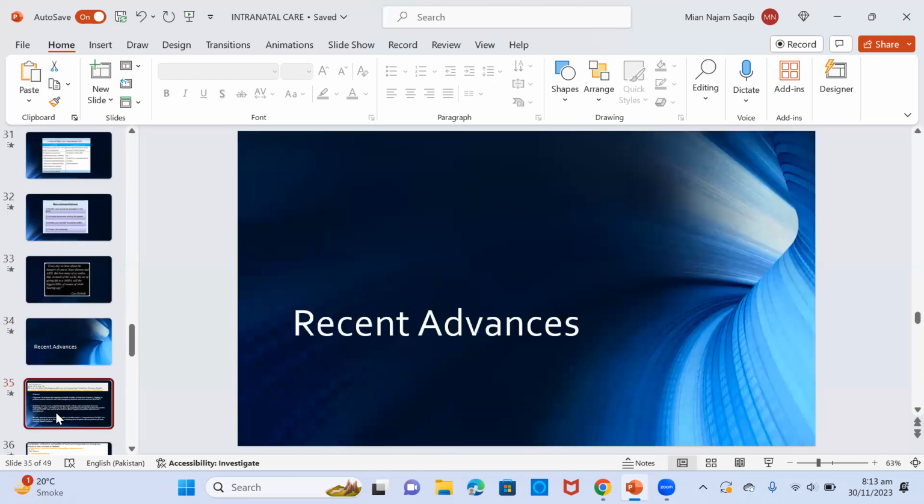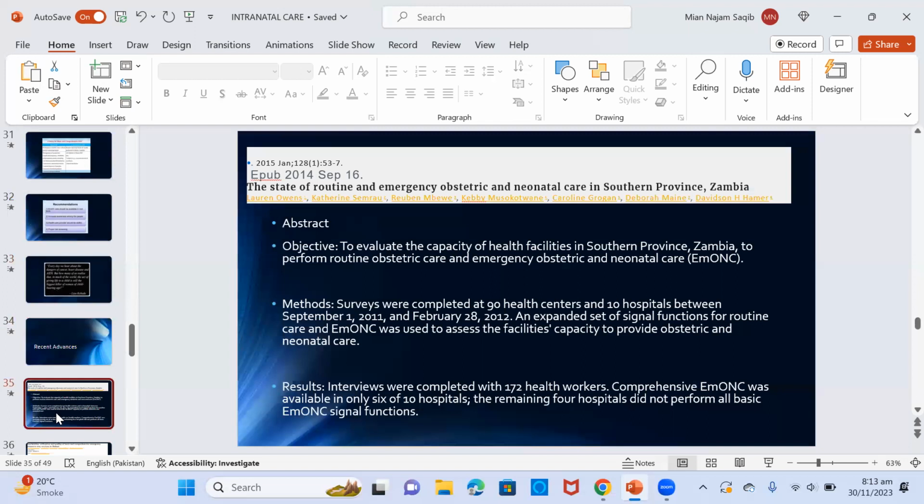Recent advances. The state of routine and emergency obstetric and neonatal care in southern province of Zambia. Abstract. Objective: to evaluate the capacity of health facilities in southern province Zambia to perform routine obstetric care and emergency obstetric and neonatal care. Method: surveys were conducted at 90 health centers and hospitals between September 1st, 2011 to February 28, 2012.